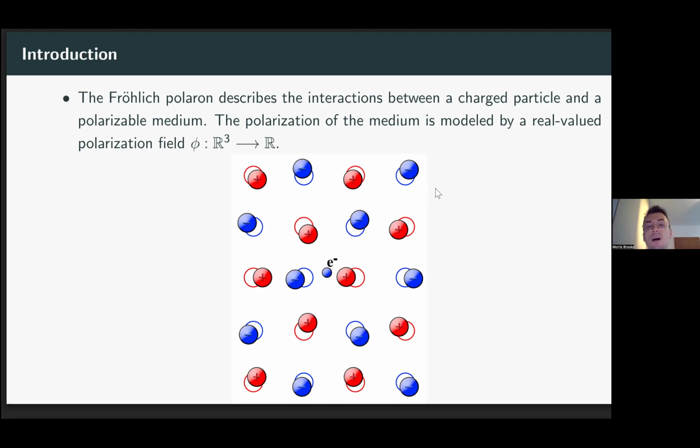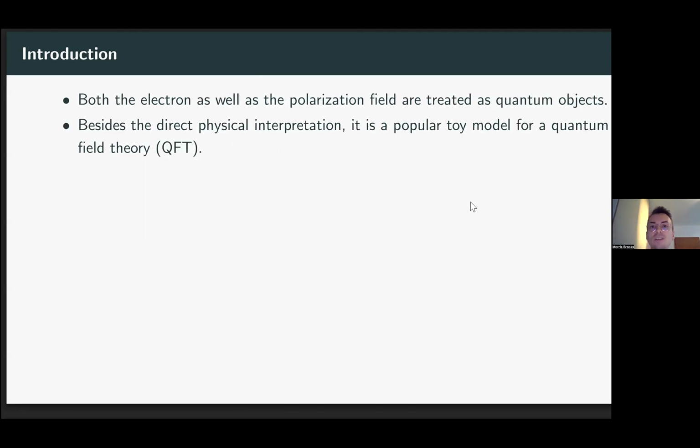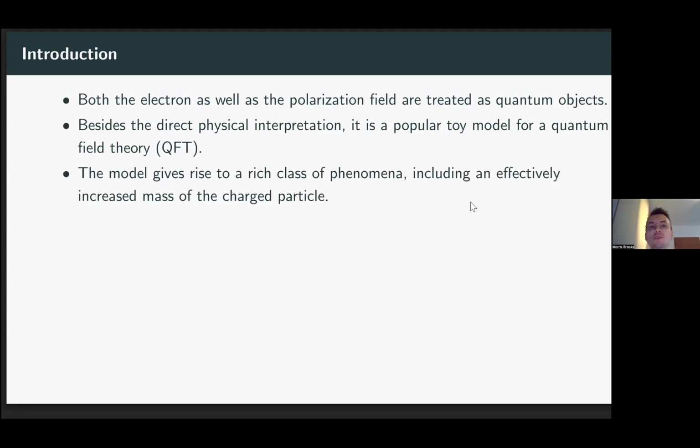Another thing worth mentioning is that in the Fröhlich model, both the electron as well as the polarization field are treated as quantum objects. So besides the Fröhlich polaron having a clear physical interpretation, it is also a popular toy model for a quantum field theory. There are a few things I like about the Fröhlich polaron.